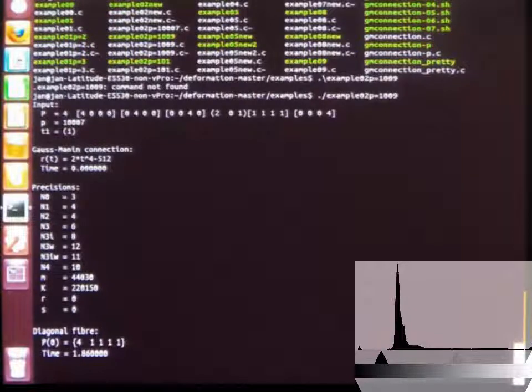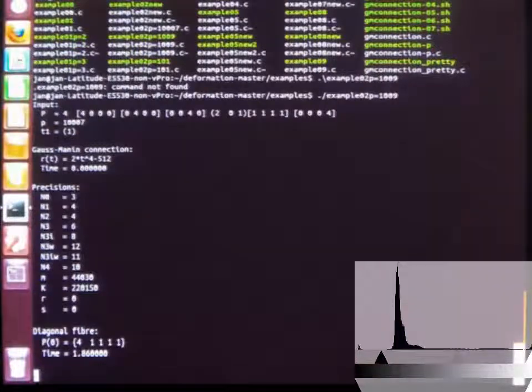I've taken a much bigger p, and I take the fiber at 1. I'm interested in the zeta function of the fiber at 1. So just the zeta function of all variables to the power 4 plus t times all variables to the power 1. And this should take, I don't know, like 20 seconds, maybe I'll let it run.